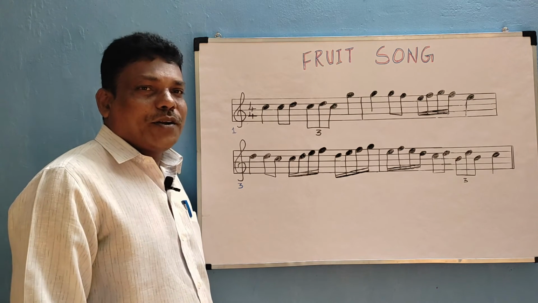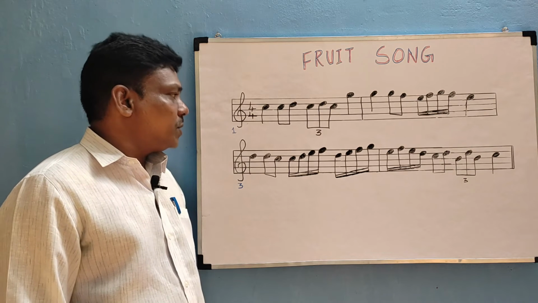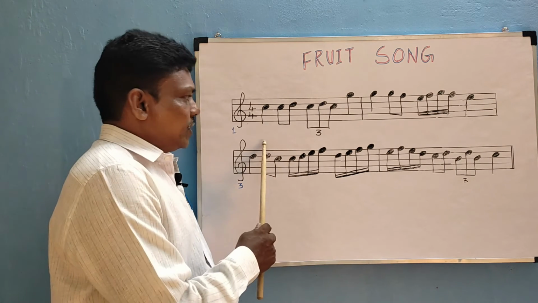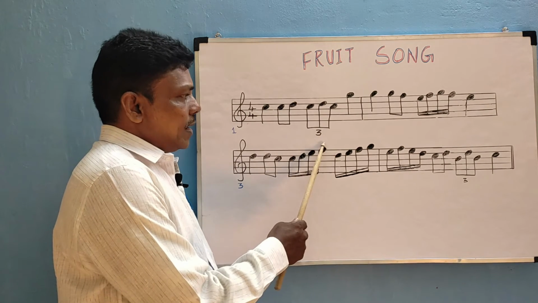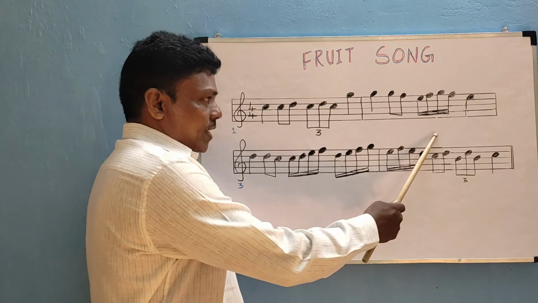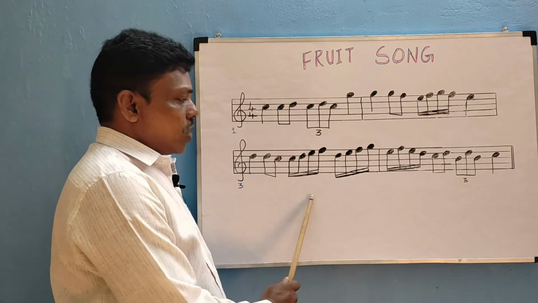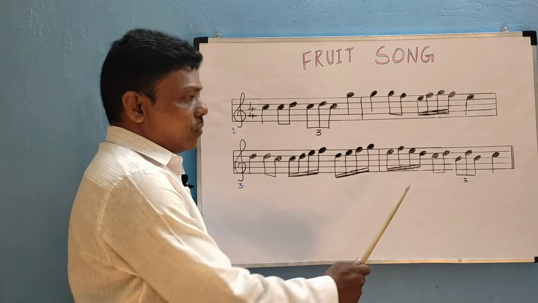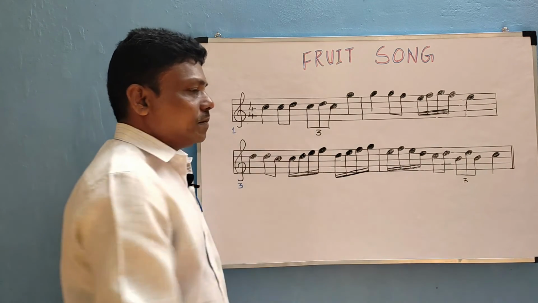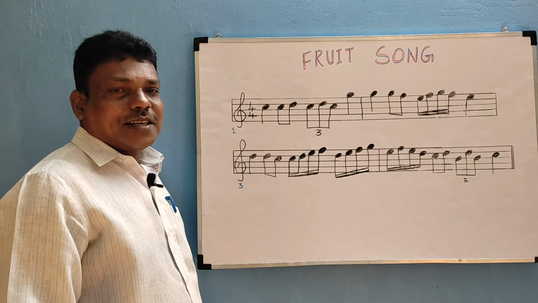Now we are going to apply the main part, the fruit names. 1, 2, 3, 4. Peach, mango, banana, peach, peach, mango, watermelon, peach, peach, mango, watermelon, watermelon, watermelon, mango, banana, peach. So now this is easy to understand and count.